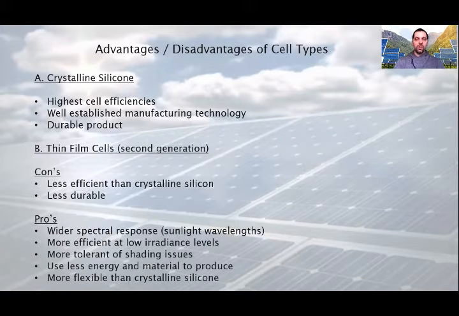A unique feature offered by these cells is their flexibility and light weight, which makes it possible to use these cells in multiple applications. Thin film solar cells are less affected by high temperatures.